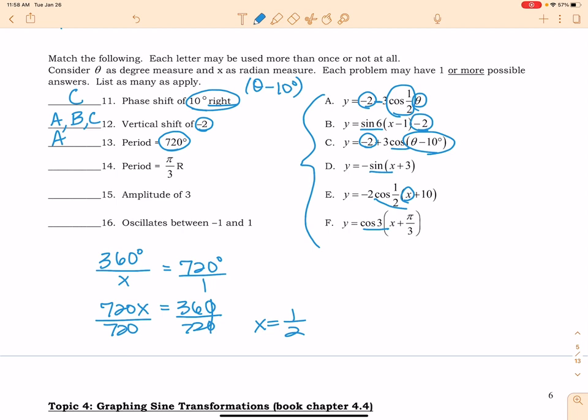All right, the next one is a period of pi over 3. So again, we need to think in terms of the parent being 2 pi divided by something to give me pi over 3. So I'm going to cross multiply here. Divide by pi.